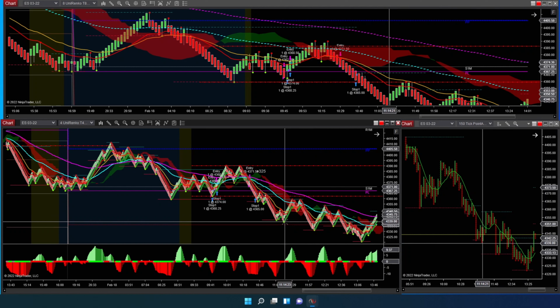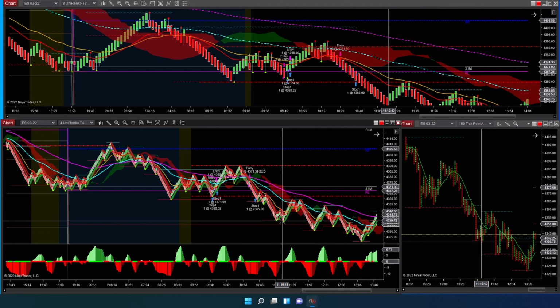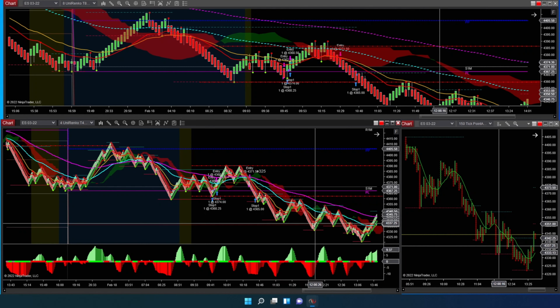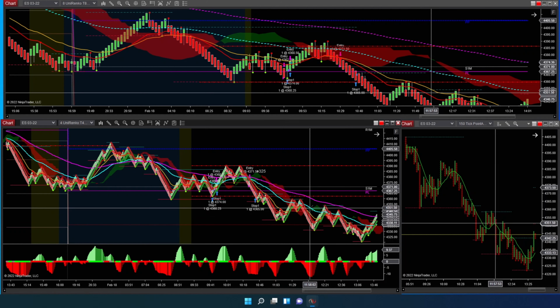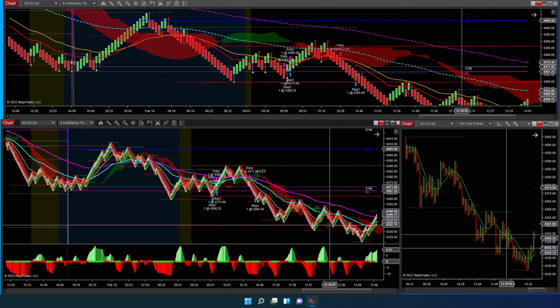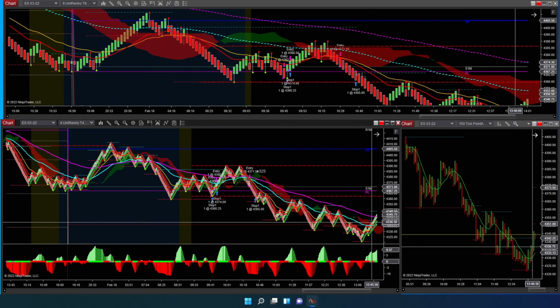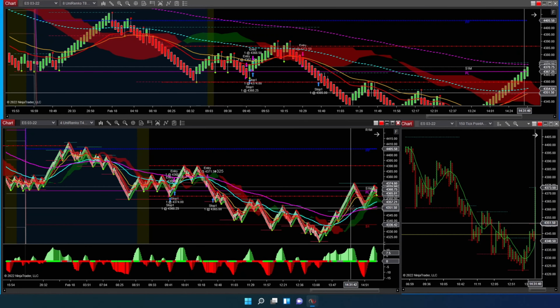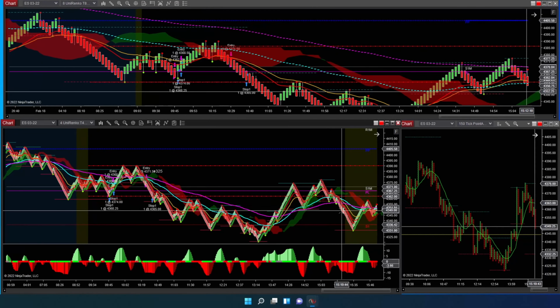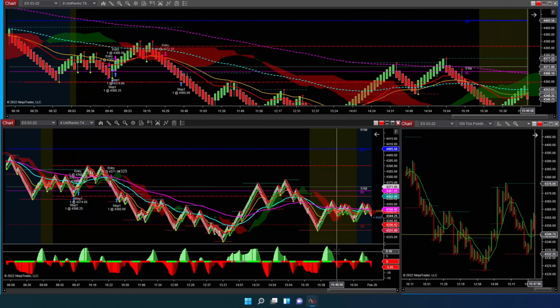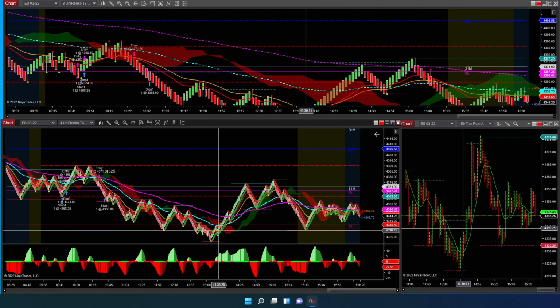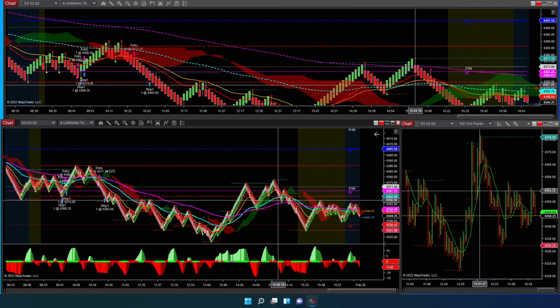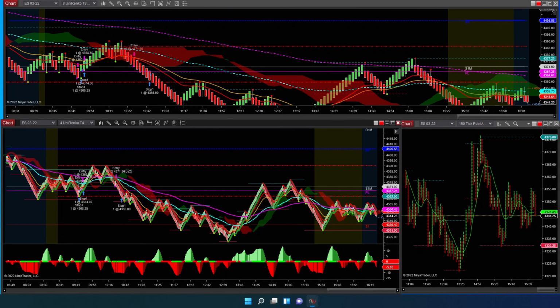But if you're a breakout trader, this is probably not really good, because all the breaks are kind of short-lived, and then the market came back to the opening range, and then went back. So there is a range still in this area here.